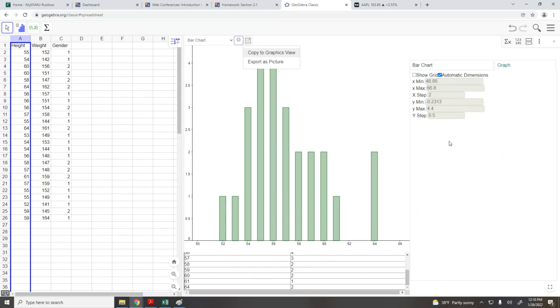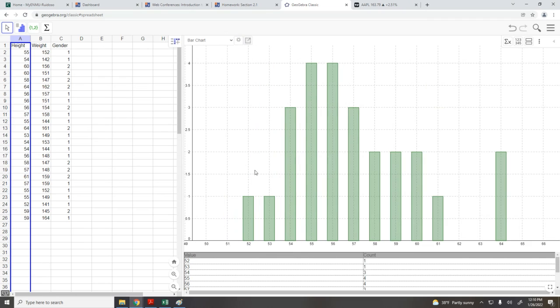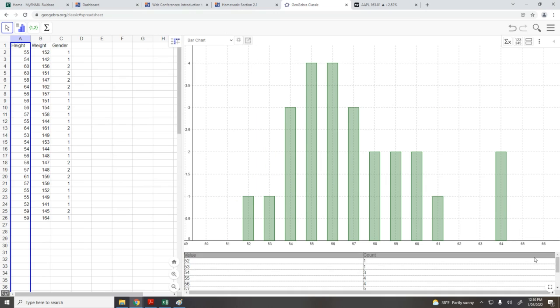Also sometimes it's much easier for people to look at it if we go for show grid. If we activate the grid, that would be better. Now you can see how the frequency is distributed among all the data points.